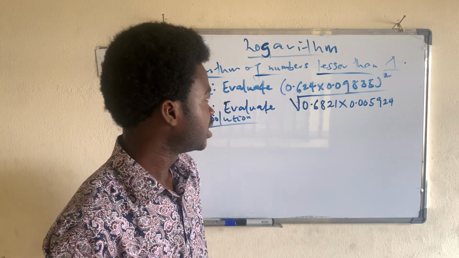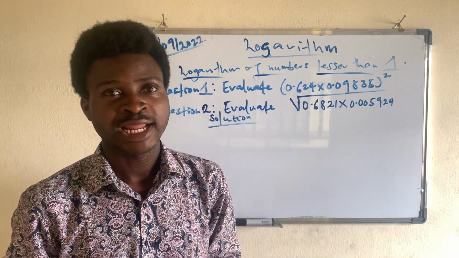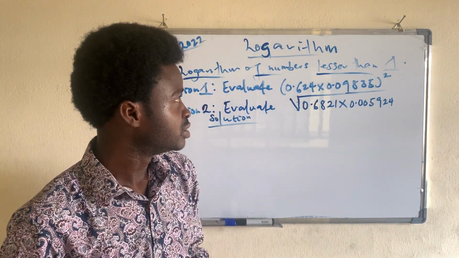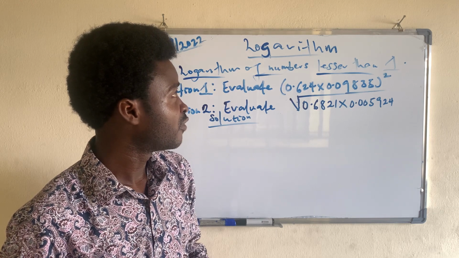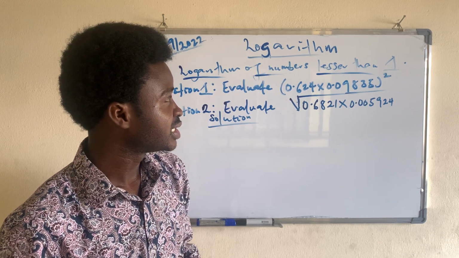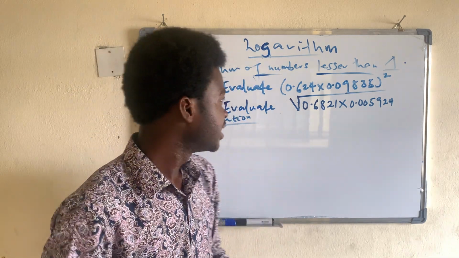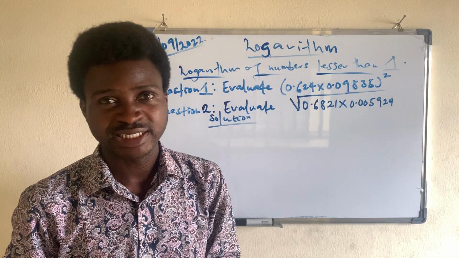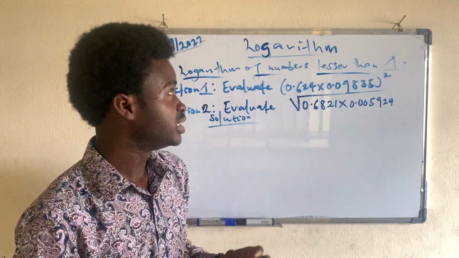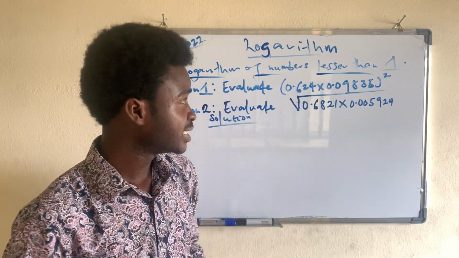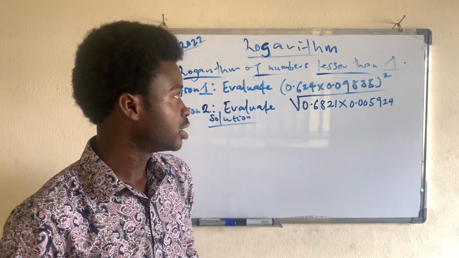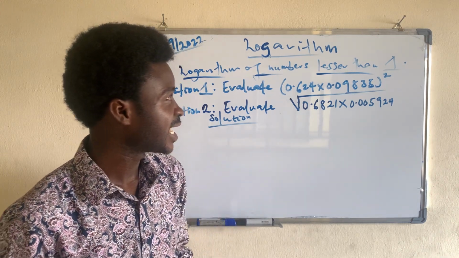Whenever we have problems like this on logarithm, solving logarithm of numbers lesser than 1 or greater than 1, whereby we need to make use of the table, we need to know two things basically: the mantissa and the characteristics, and you get to see that as we solve.